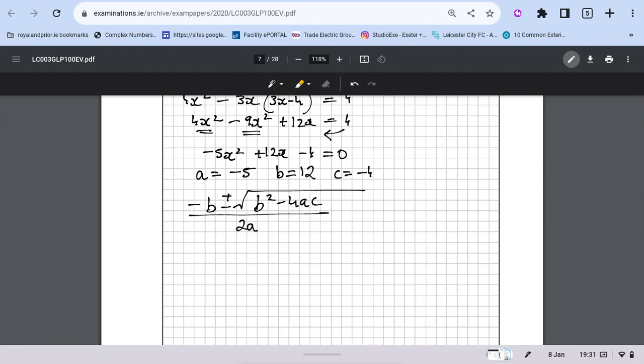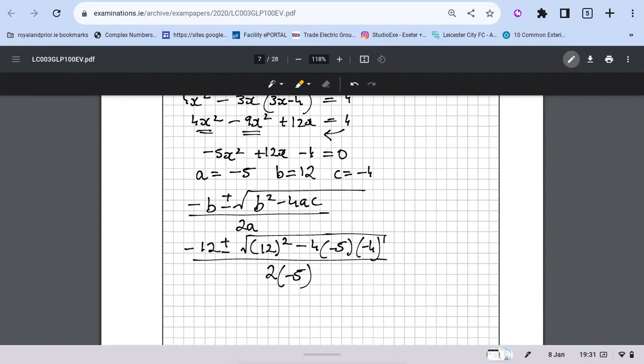Just be careful if there's any double minuses or whatnot. Brackets around your b squared. And just type that as you see it.